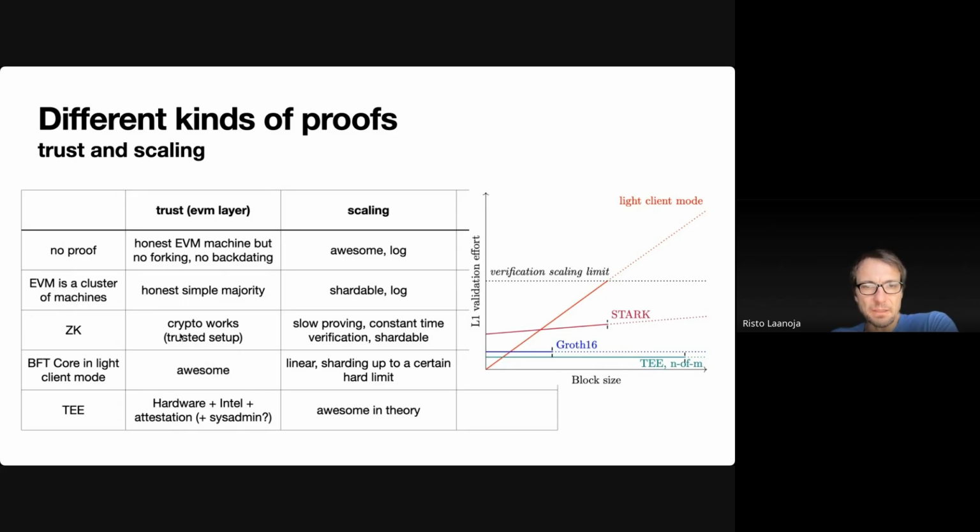Scaling means that proving is very slow, verification is constant time, and we can have as many ZK EVM shards as we want. So it scales well on the validation side, but it scales poorly on the proving side or client side.